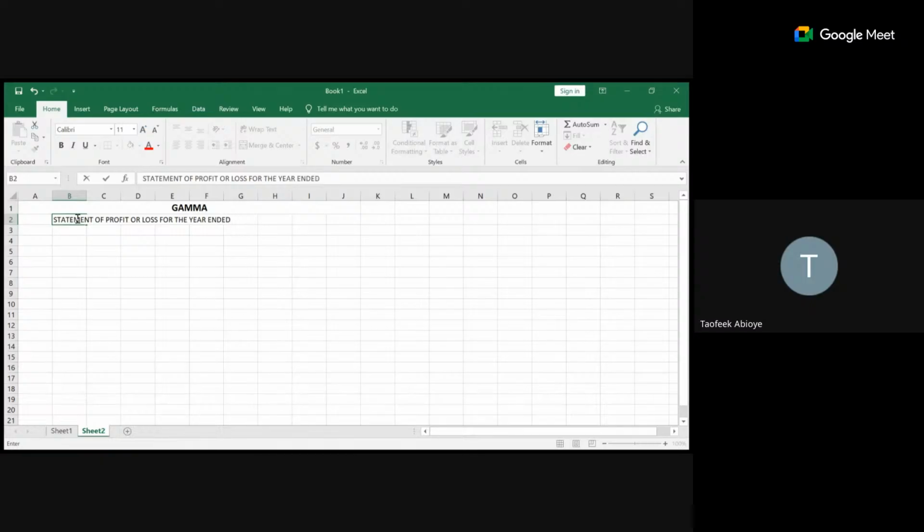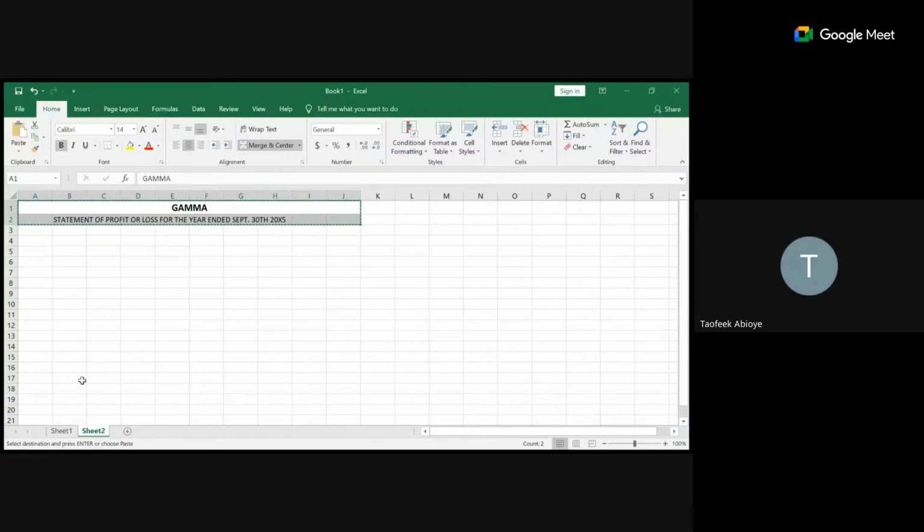According to the requirement, is it September or October? The year ended, or the year end of the business? Okay, September 30th, 2025, 20x5.